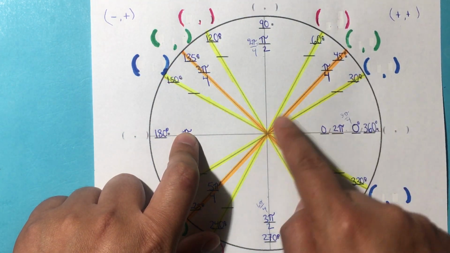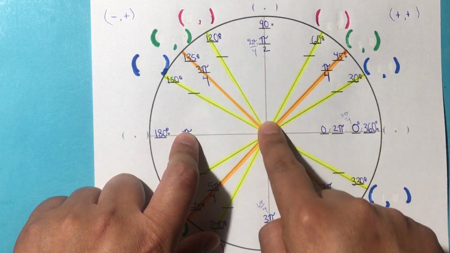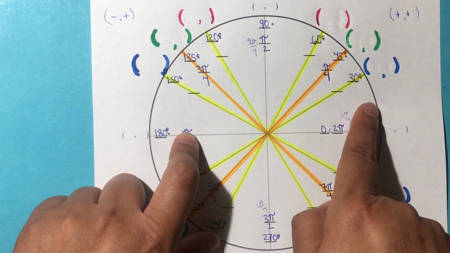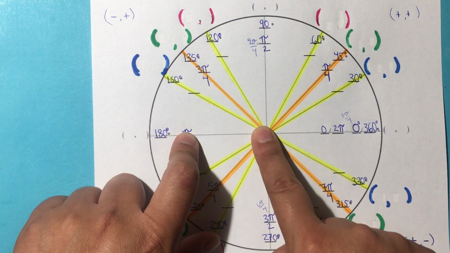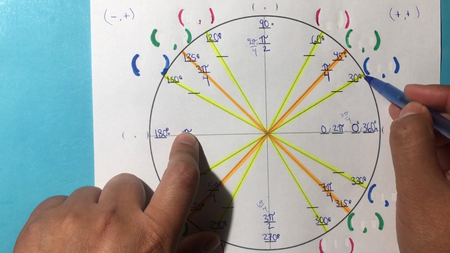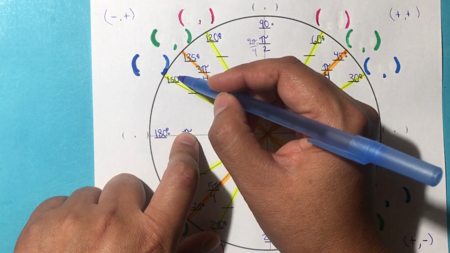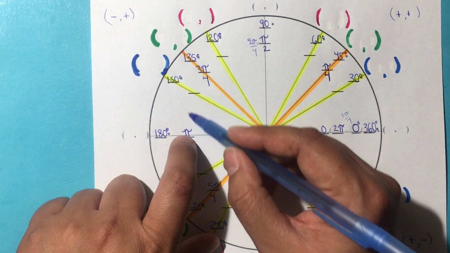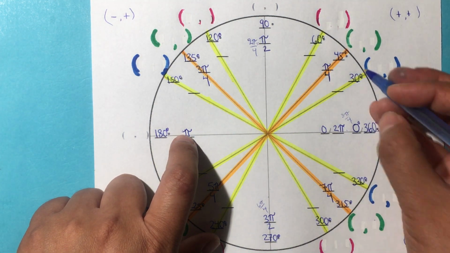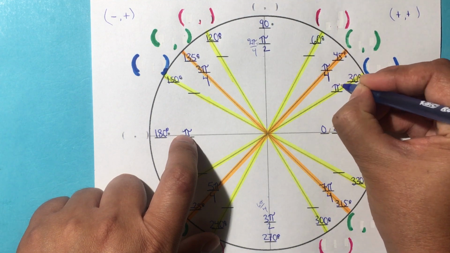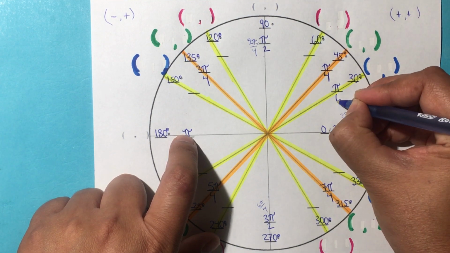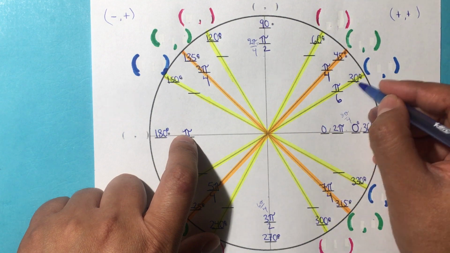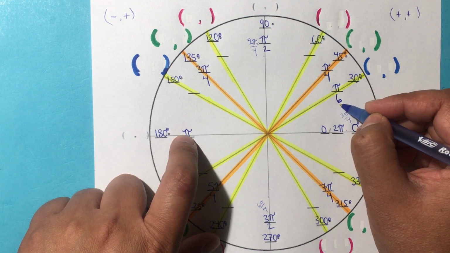If I'm talking about the yellow and this black one, okay? I'm not paying attention to the orange ones now. It's 1, 2, 3, 4, 5, 6 pieces. So the pi is being divided into 6 pieces. So this will be pi divided by 6. See, one of these little pieces is pi divided by 6.